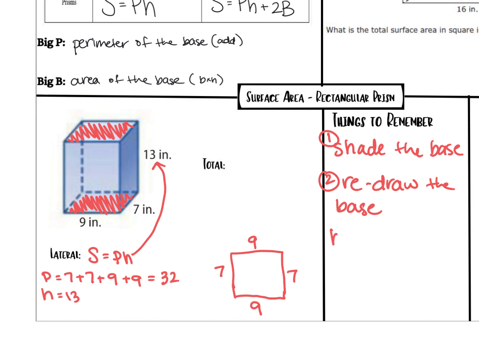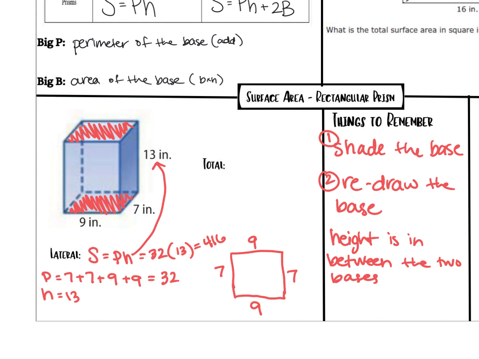The height is in between the two bases. So now we have our P, we have our H. We know that this is multiplication. So we do 32 times 13, which is 416. And area is squared, so that's inches squared.